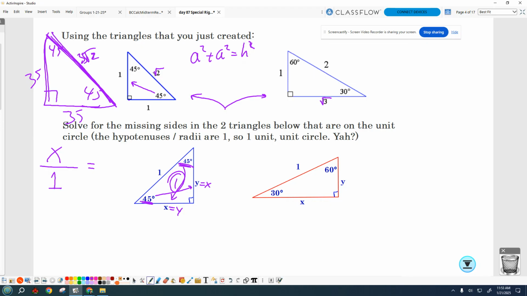So in this triangle, it was a square cut in half, right? So this length and that length will have to be the same, because it was a square. So a squared plus a squared equals the hypotenuse squared, because that's the way the Pythagorean theorem works.